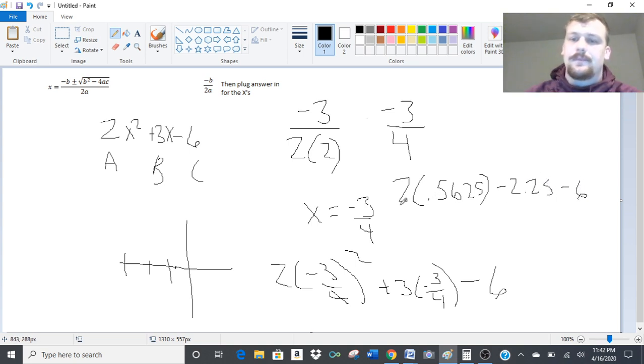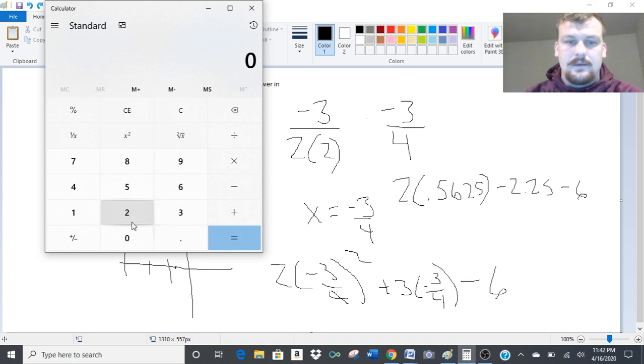Then you simply solve it now: add them all, multiply them, and subtract them all together. So we do 2 times 0.5625 equals 1.12, minus 2.25, minus 6.